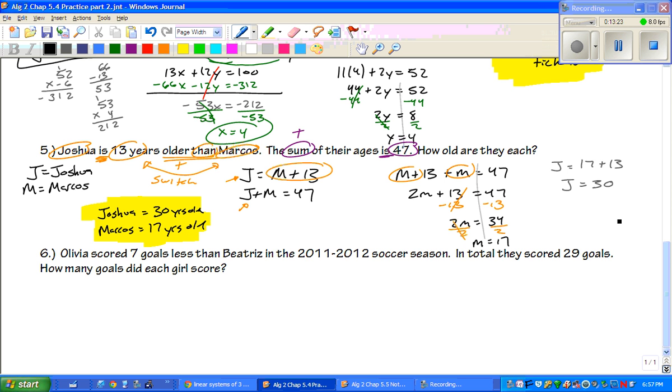All right. Olivia scored 7 goals less than Beatrice in the 2011-2012 soccer season. In total, they scored 29 goals. How many goals did each of them score? So, only because if I use O for Olivia, it might look like a 0. And I don't want that to happen, so I'm just going to use X and Y for this.